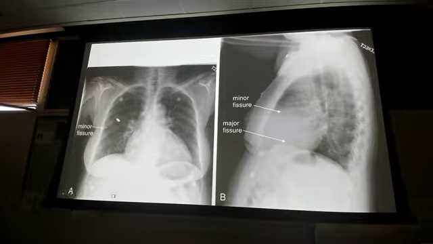Hard to see, easier to see on the lateral. There and there. You're really gonna notice the fissures when there's abnormalities, especially when there's something called atelectasis or pneumothoraces. We'll take a look at those things, and those fissures will really stand out there. So understanding how many fissures are in what lung has how many lobes will help you pick out those abnormalities there.